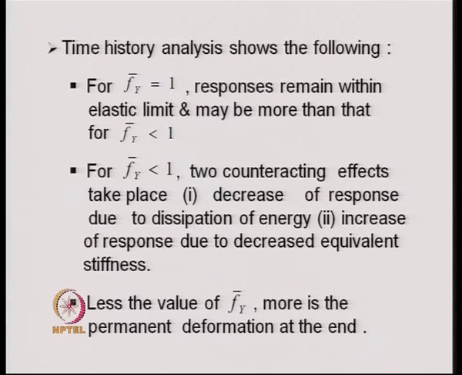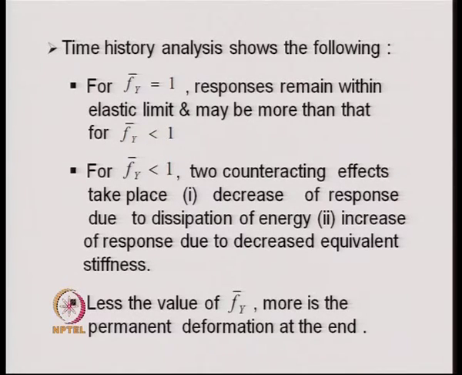The time history analysis for the second equation shows the following important things. First, for f bar y equal to 1, that is the elastic system, response remains within the elastic limit, and maybe more than that for f bar y less than 1.